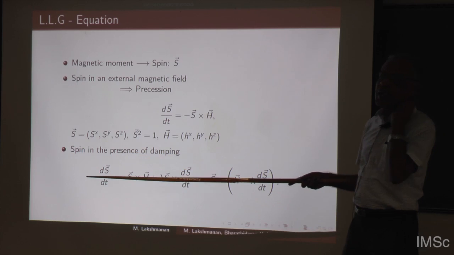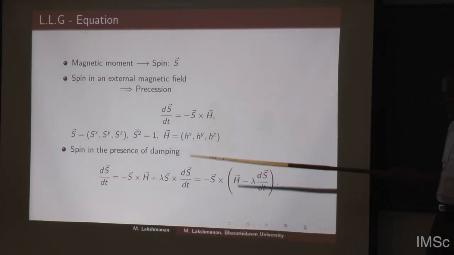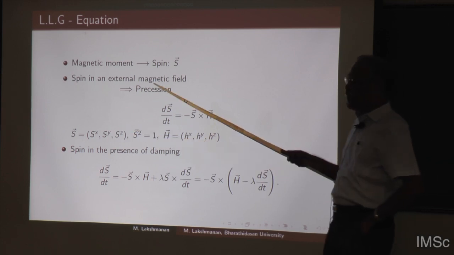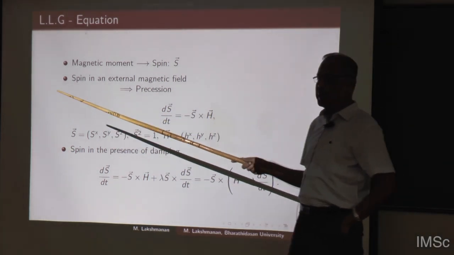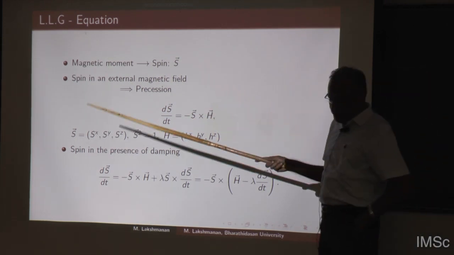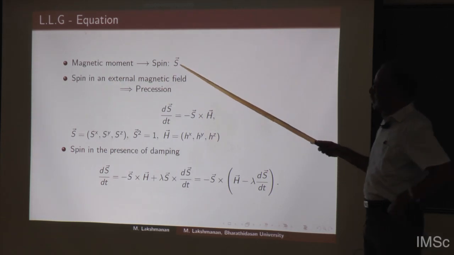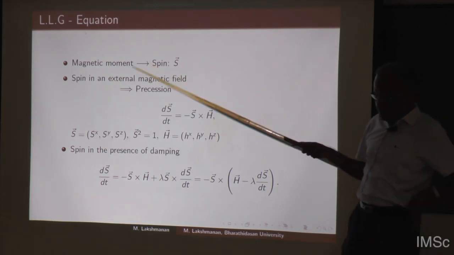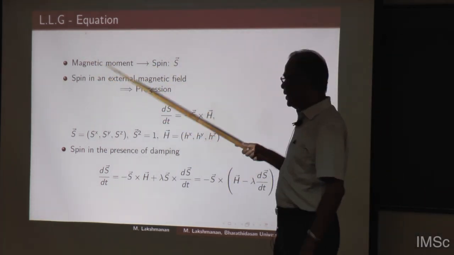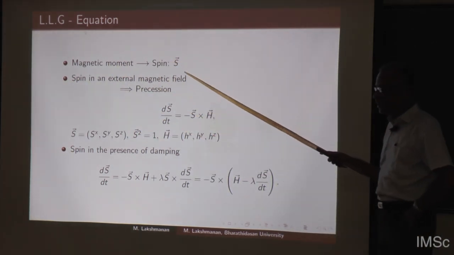Well, spin is essentially a quantum entity. You consider an electron and the spin angular momentum, which is a quantum mechanical operator. Then you consider a Hamiltonian, for example just the Zeeman term, S dot H apart from constants, and write down the quantum dynamical equation for the spin angular momentum.